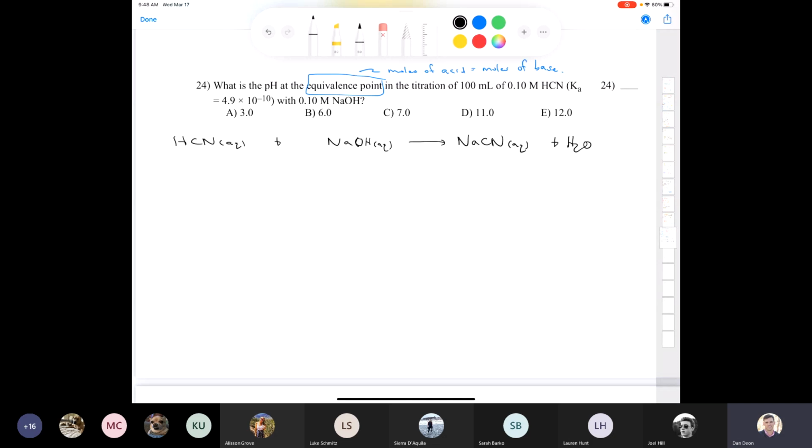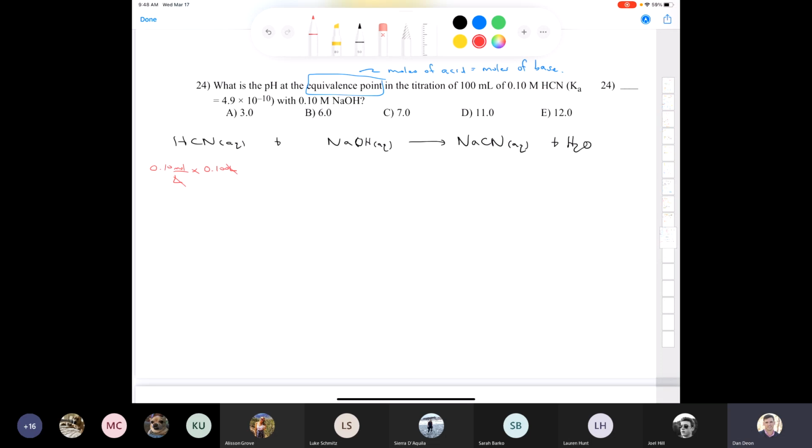Let's figure out how many moles of hydrocyanic acid and how many moles of sodium hydroxide we're going to need. For our hydrocyanic acid, we have 0.10 moles per liter. That's the concentration. And we're using 100 milliliters, so that's 0.100 liters.